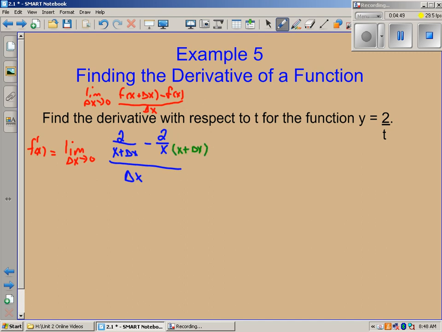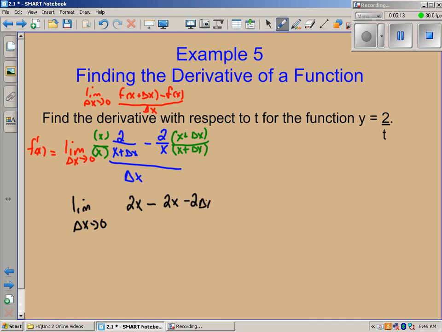And remember, the reason we do top and bottom is so that we're multiplying by 1 and not changing the problem any. And this guy over here gets multiplied top and bottom by x. So now we have a common denominator for our derivative, and we basically can say the top becomes 2x minus, and when I distribute this 2 to this guy, I get negative 2x minus 2 delta x.